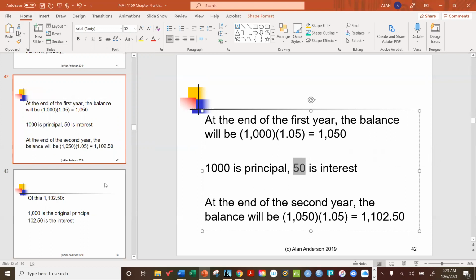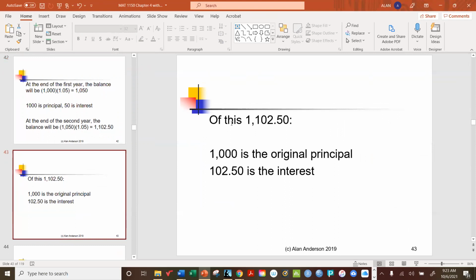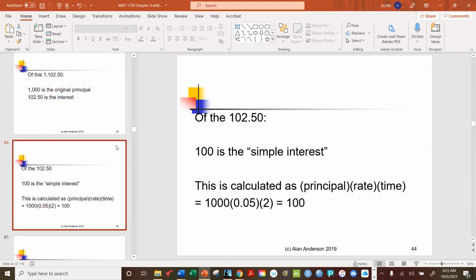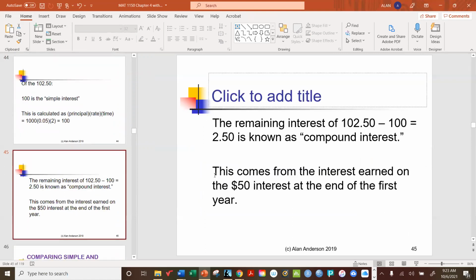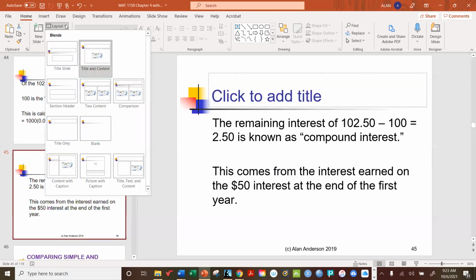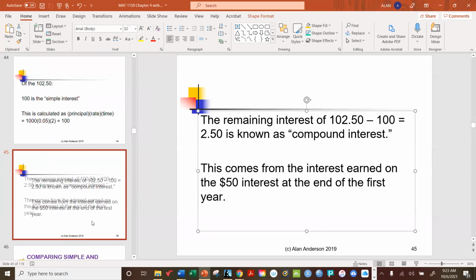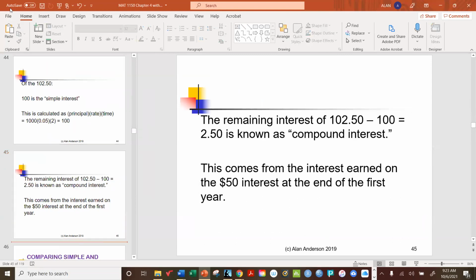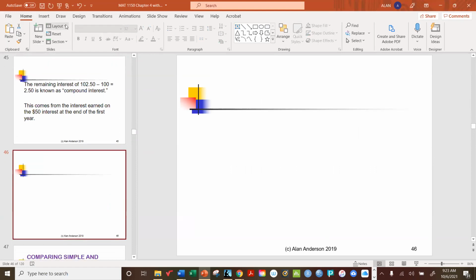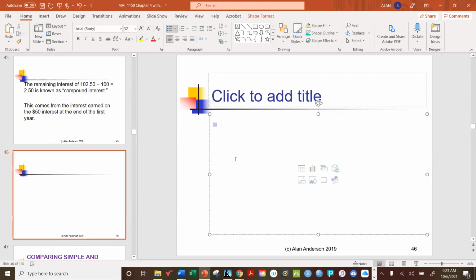So if you look at this 1,102.50, you're getting $50 a year in simple interest. The rest is the compound interest. Okay, so in other words, and this is the key detail, the simple interest will be $50 per year.